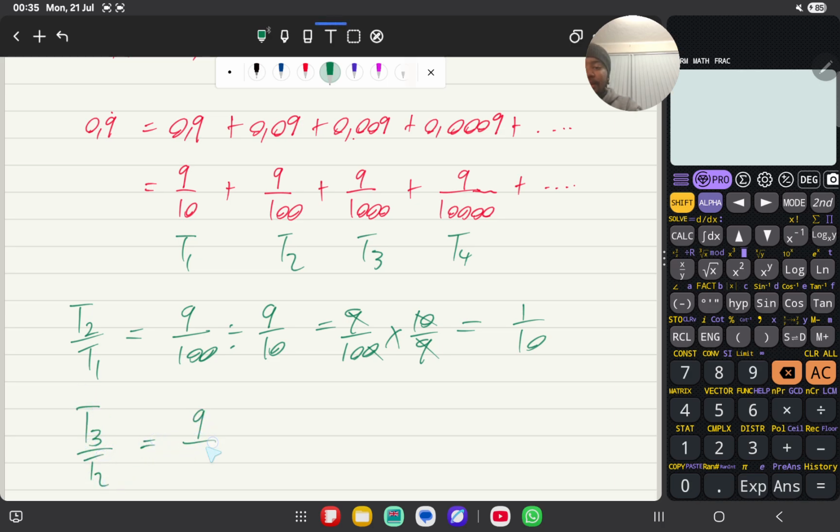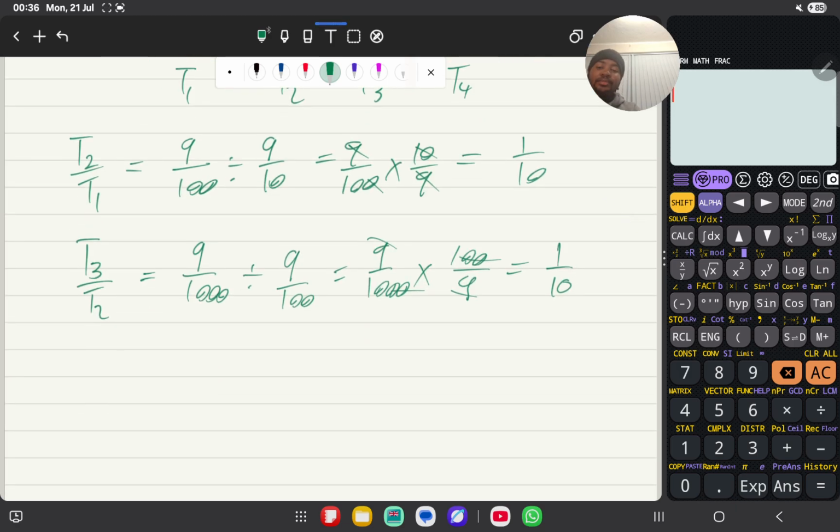Let's do T3 over T2. You have 9 over 1,000 divided by 9 over 100. Of course the 9s cancel, and then the 100 cancels. So you're going to have 1 over 10, right?